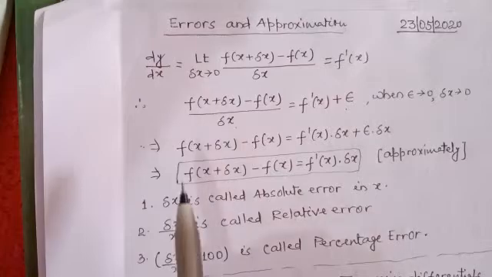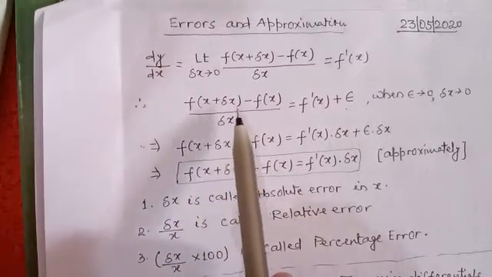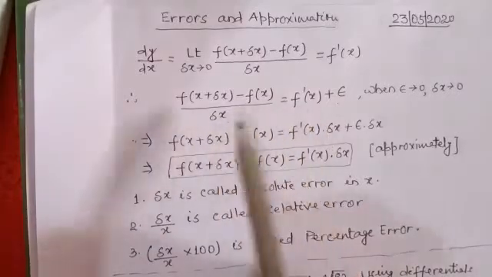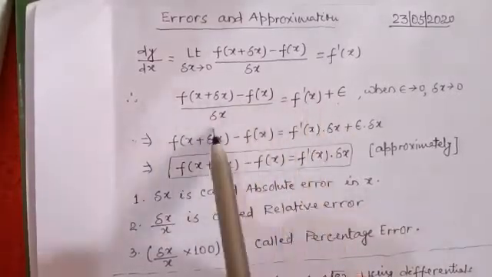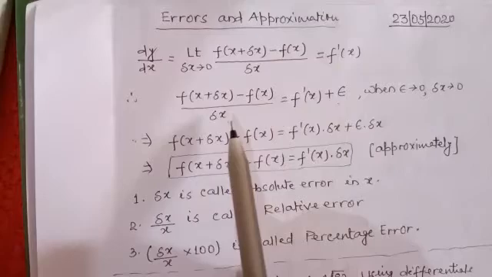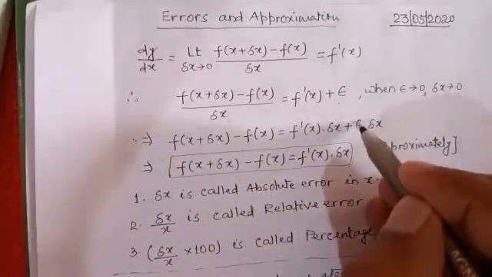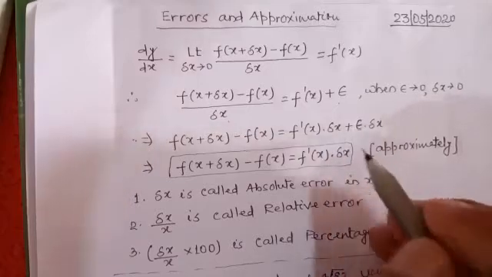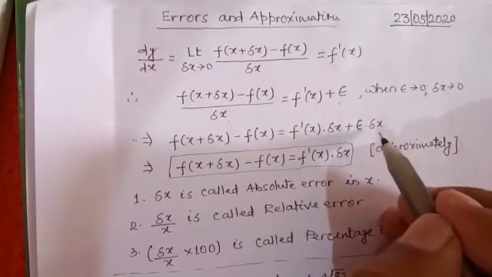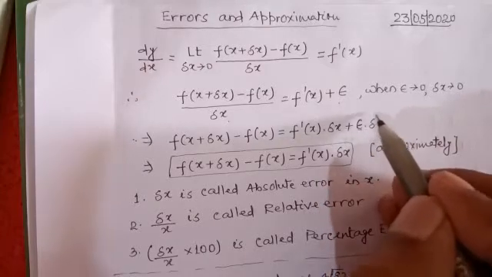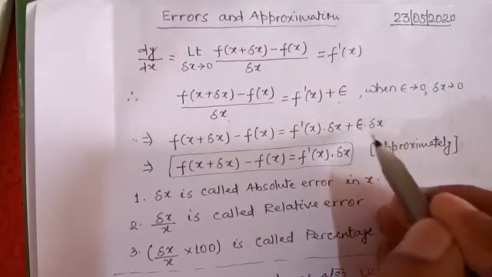After cross multiplication, f(x plus delta x) minus f(x) equals f dash x into delta x plus epsilon into delta x. This value is approximated because epsilon and delta x are very small values, so it is considered as 0, that is approximation.